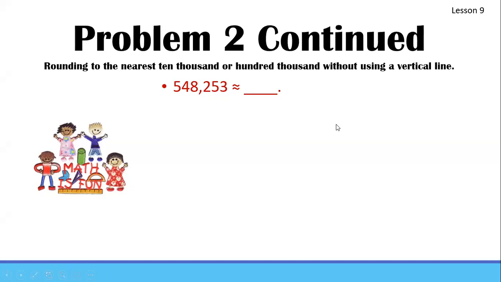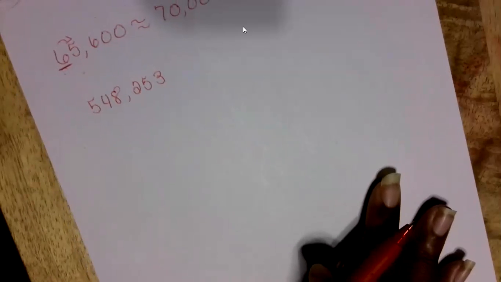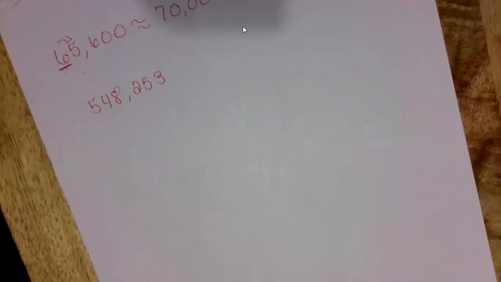Okay, so let's do another problem. Now this one again says rounded to the nearest 10,000 or 100,000 place without using the vertical line. So far this lesson we haven't used our line, even though we got so good at using the line. So we're going to use the number 548,253. So it told us to round to the nearest 10,000 or 100,000.